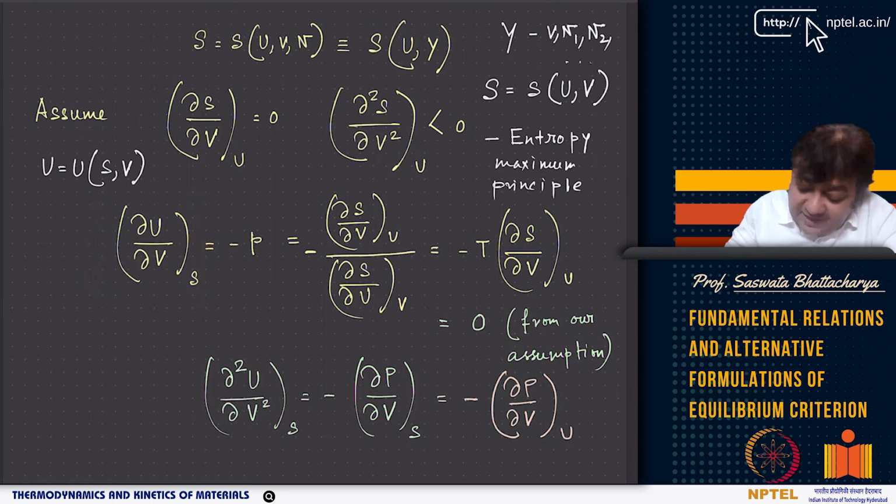We can write this as del S del V at fixed U. We have discussed different types of partial differentiation formulas, and one of the ways to write this is in terms of U and V as fixed quantities: a ratio of del S del V at fixed U and del S del U at fixed V, with a negative sign.